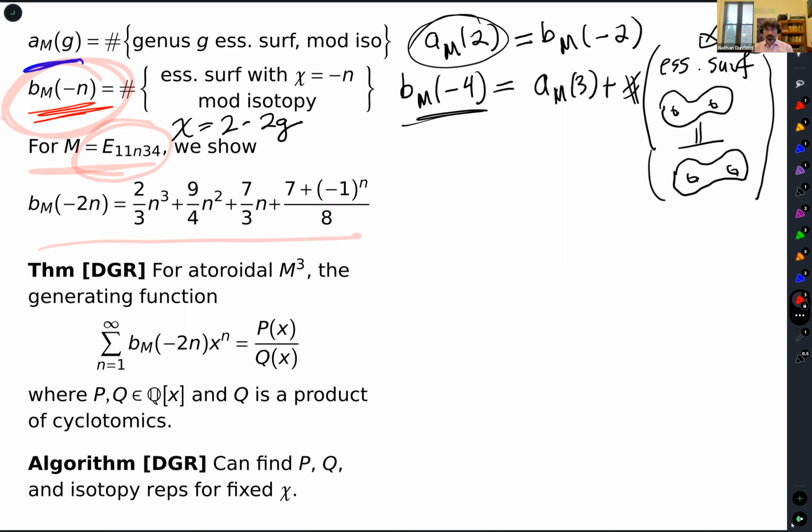It's basically a cubic polynomial with rational coefficients, except for this last term, which oscillates back and forth between 1 and 3/4, depending on the parity of n. This kind of function is what's called a quasi-polynomial.